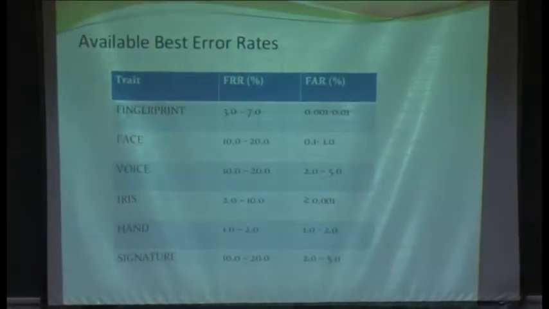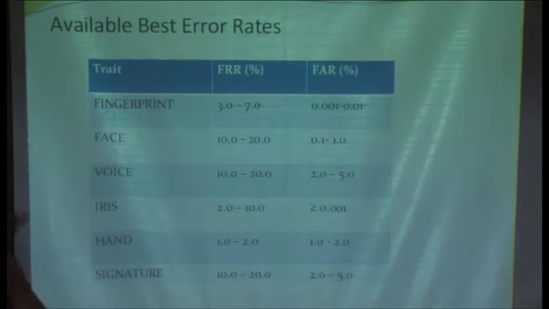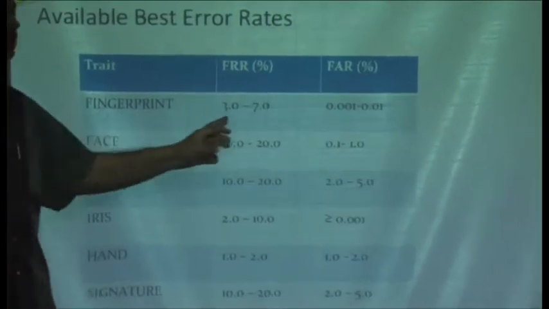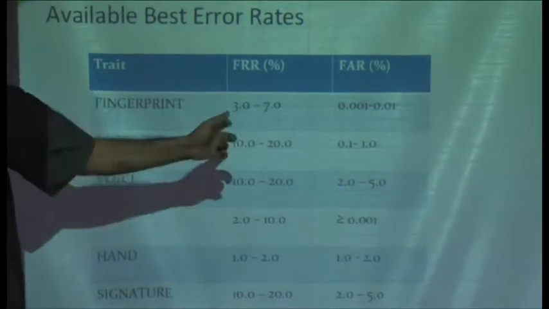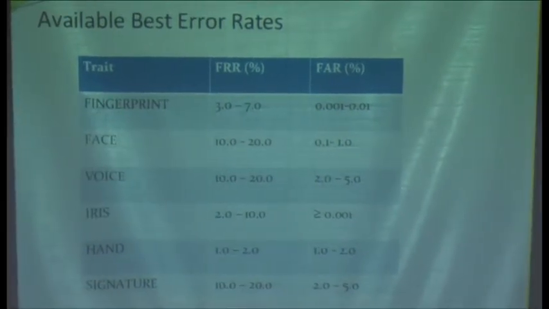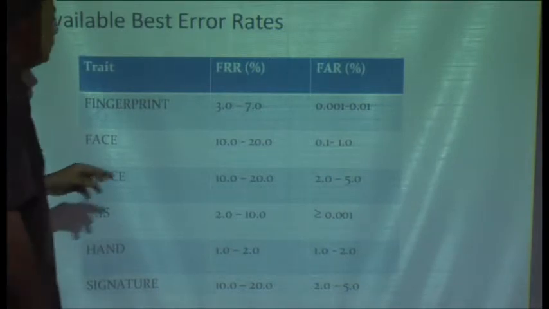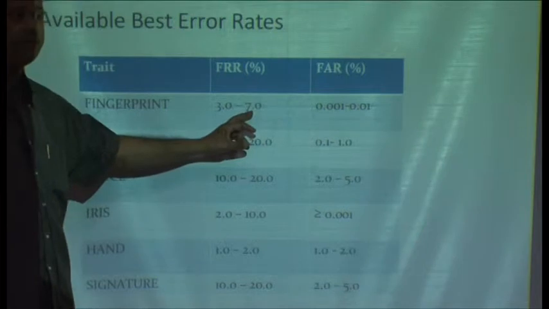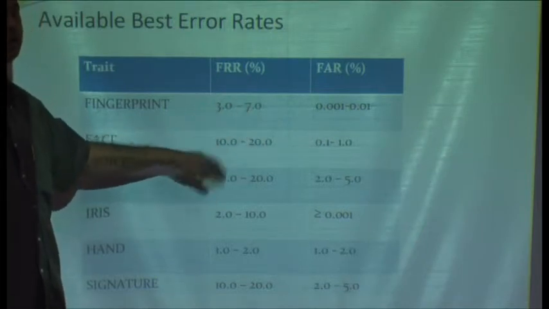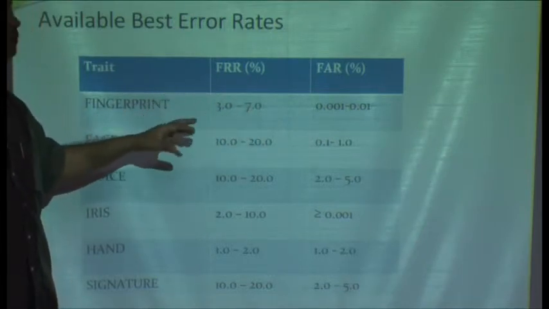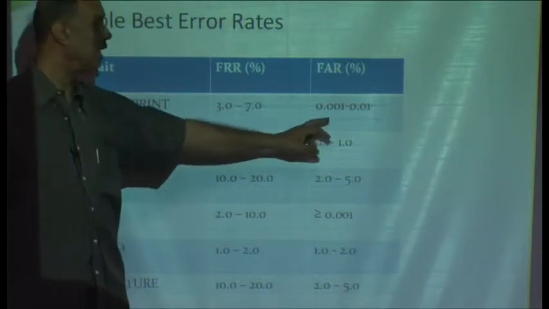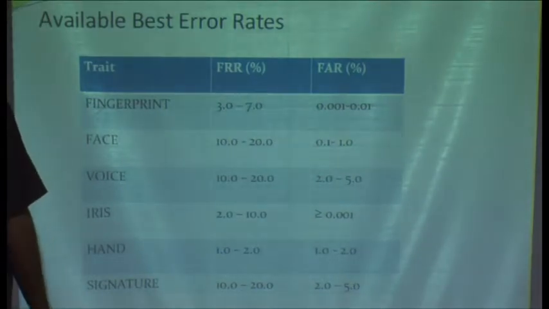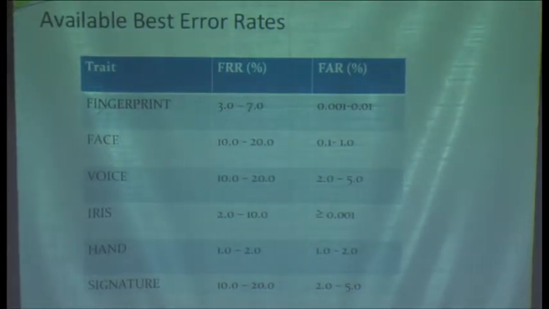In the traditional case, generally fingerprint has a false rejection rate of 3 to 7%, after subtracting FTA and FTE, the failure to acquire and failure to enroll. After eliminating them, you will find that FRR is 3 to 7%, and the corresponding FAR is 0.0001 to 0.01%.